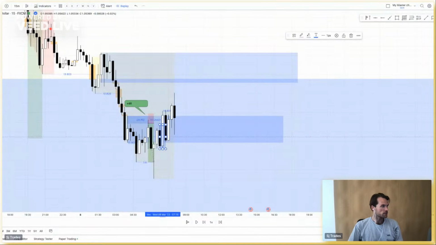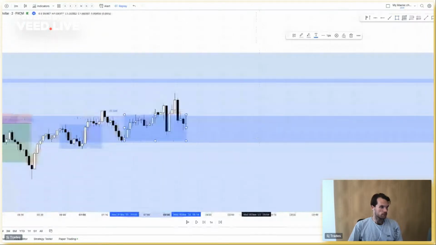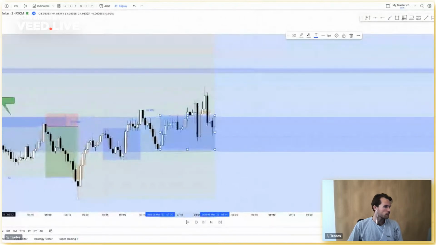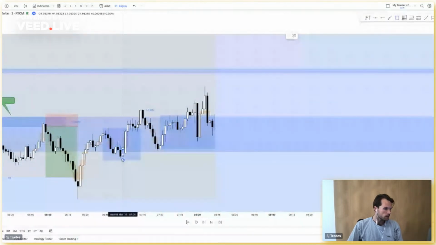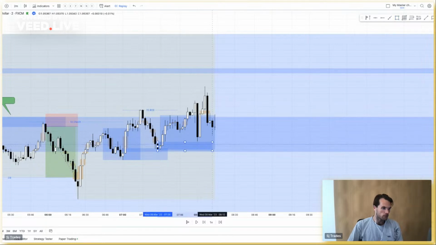So I just went a bit quick at such quick market structure. Going to have a look on the 2-minute. Oh, would have got filled. Not here. Well, not yet.